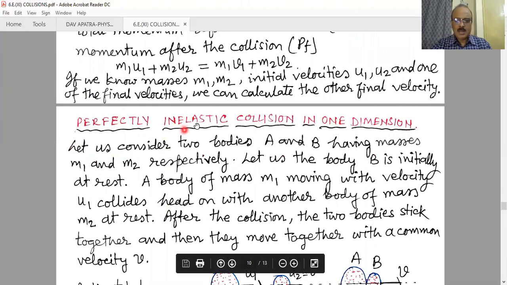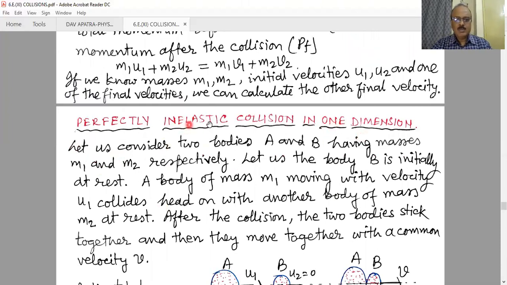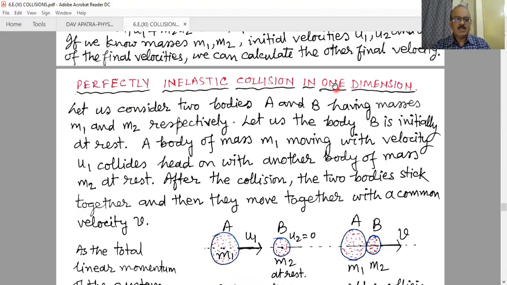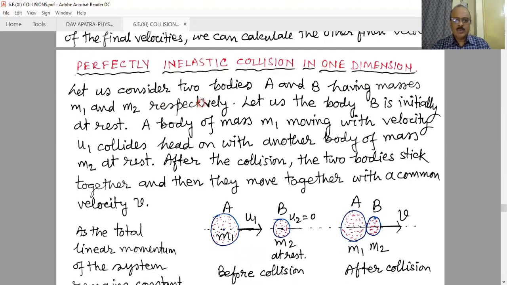But for the perfectly inelastic collision, we can find the velocity after the collision. Let us consider perfectly inelastic collision in one dimension, with two bodies A and B having masses m1 and m2 respectively. Let body B be initially at rest. A body of mass m1 moving with velocity u1 collides head-on with another body of mass m2 at rest.